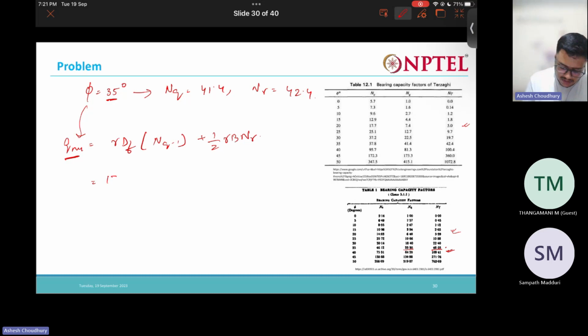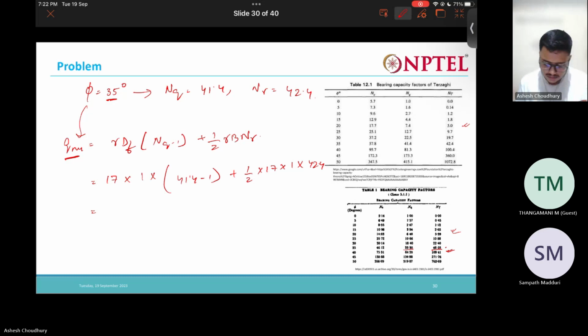Now let us put the values: 17 into 1 into 40.4 plus half into 17 into 1 into 42. It comes to 1047.2.